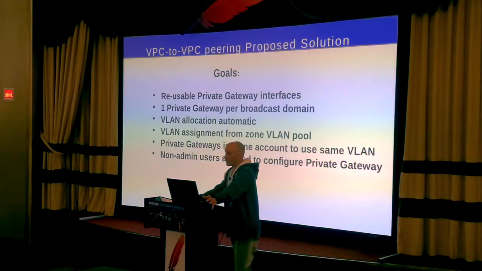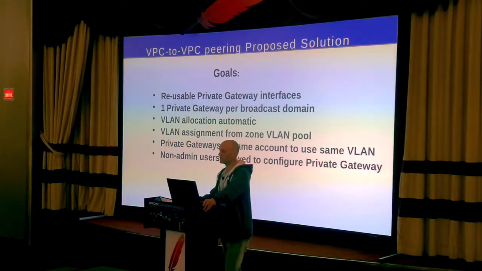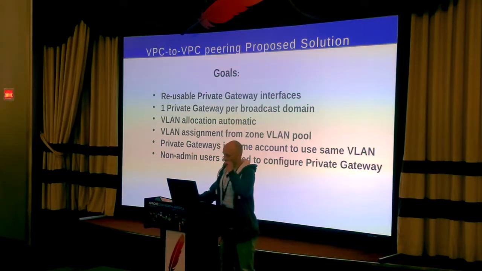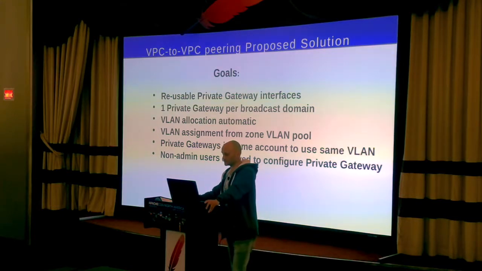So the goals are to be able to implement VPC peerings that are reusable, where you can reuse the private gateway interfaces so that you don't run out of NICs. Also, if a VPC needs to peer with multiple VPCs in the same broadcast domain, that would be the same VLAN, you can reuse the same private gateway.